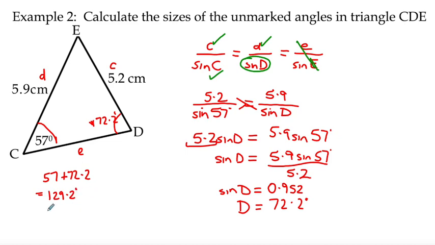What's the supplement of 129.2? That would be angle E. That's going to be 50.8.